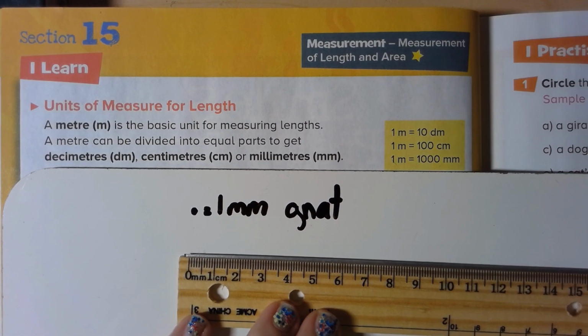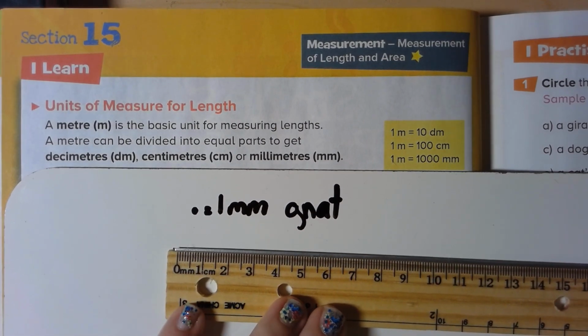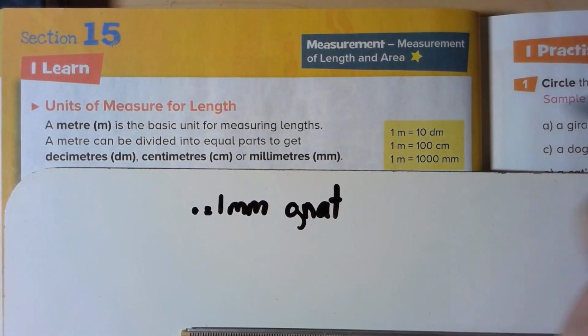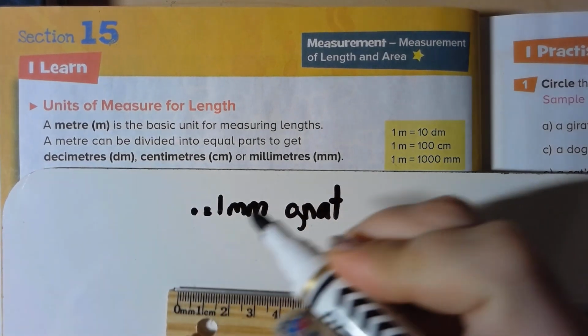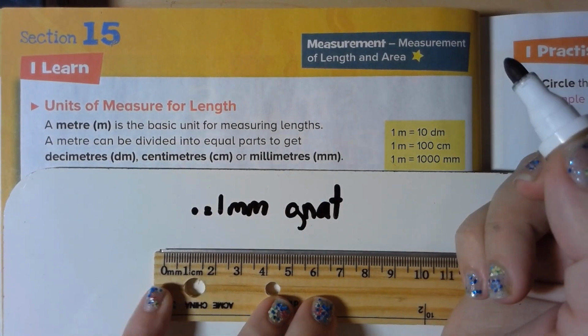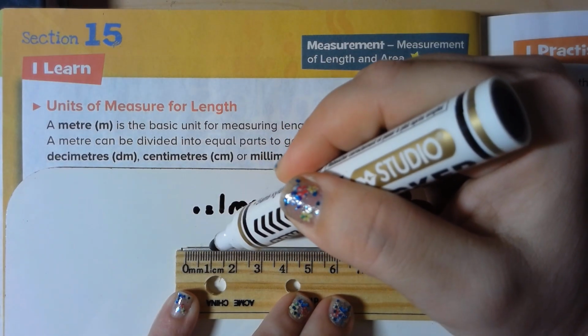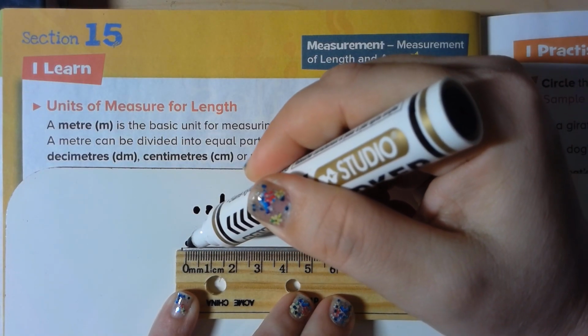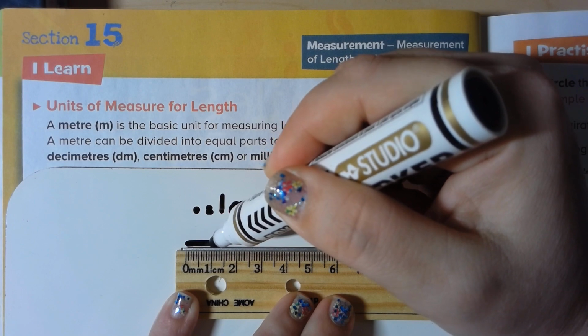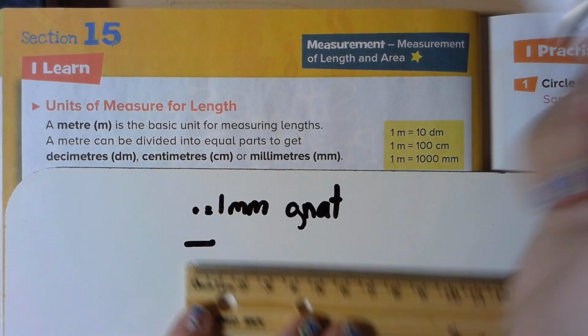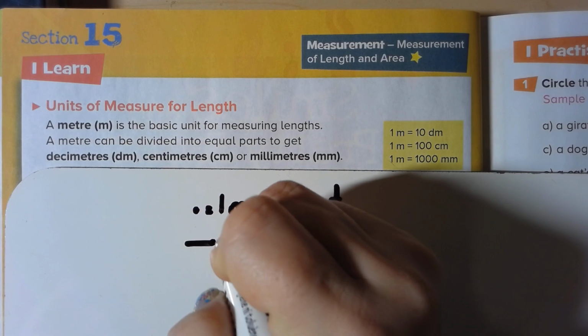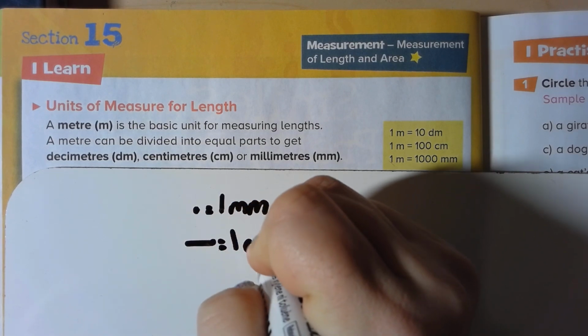Let's look at the next unit of measurement, which would be a centimeter. So, if I was to do the distance of a centimeter, I start at 0 and I go to 1. 0 to 1. That equals 1 centimeter.